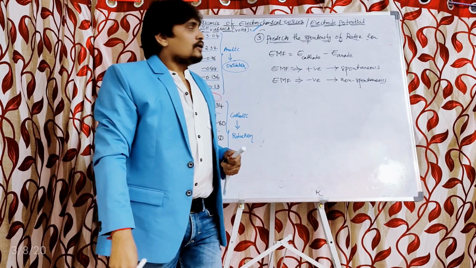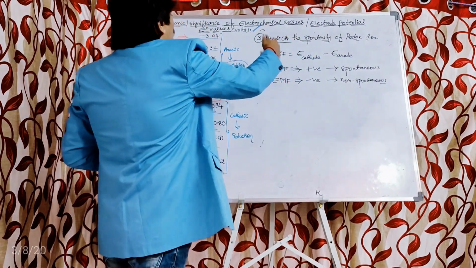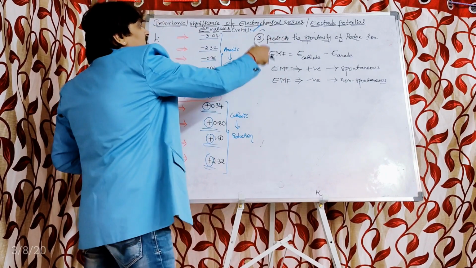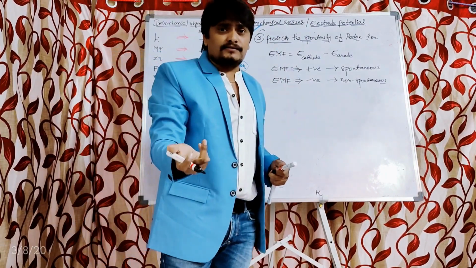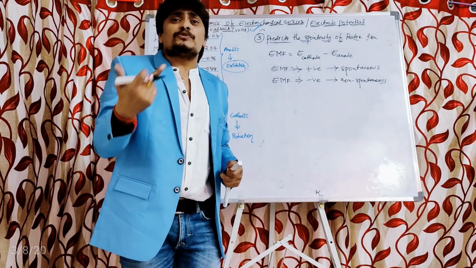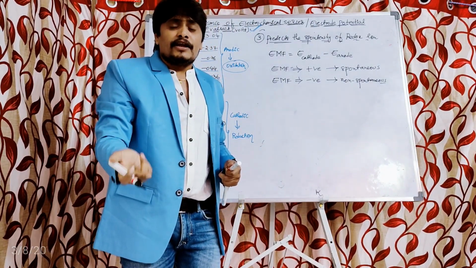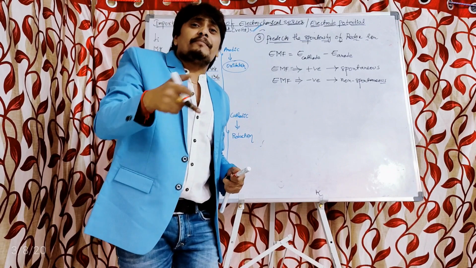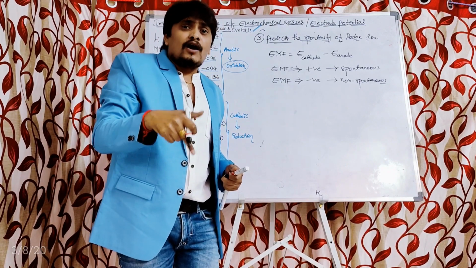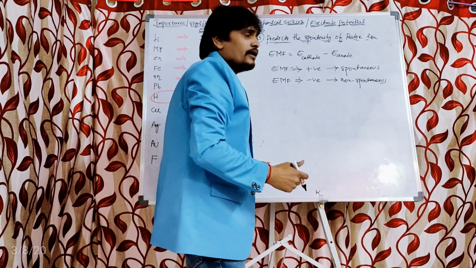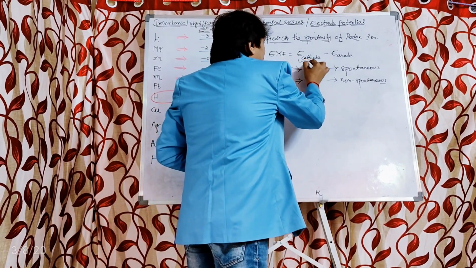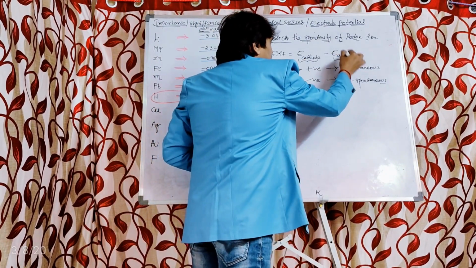Right. So what is the importance of electrochemical series in this? If EMF is positive, spontaneous. If EMF is negative, non-spontaneous. Now what is the role of electrochemical series in this? How are we getting the EMF? E cathode minus E anode. Which is acting as cathode and which is acting as anode?